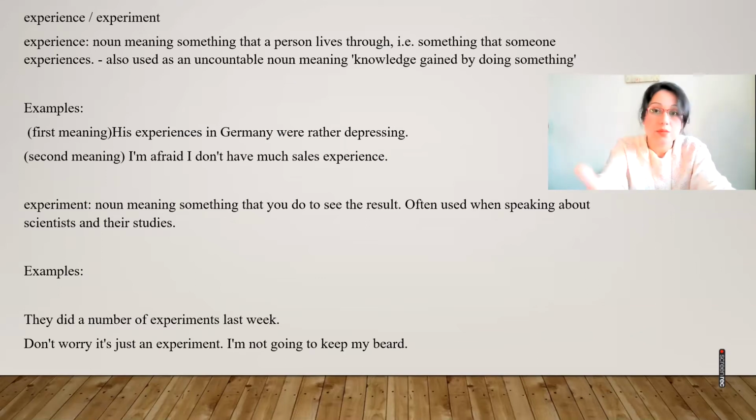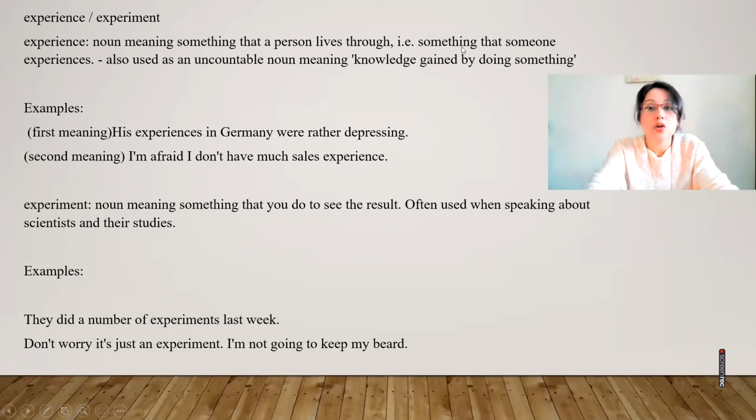So one is an experience that someone experiences, like your life experience. And then the other one is knowledge that you gain by doing something, and then you become experienced. Let's say you're doing it for some time, for years, and then you are experienced in that. Here the example, first meaning, a life experience: His experiences in Germany were rather depressing.